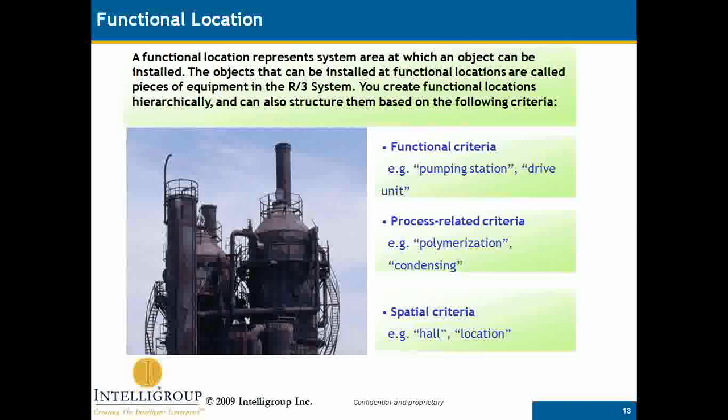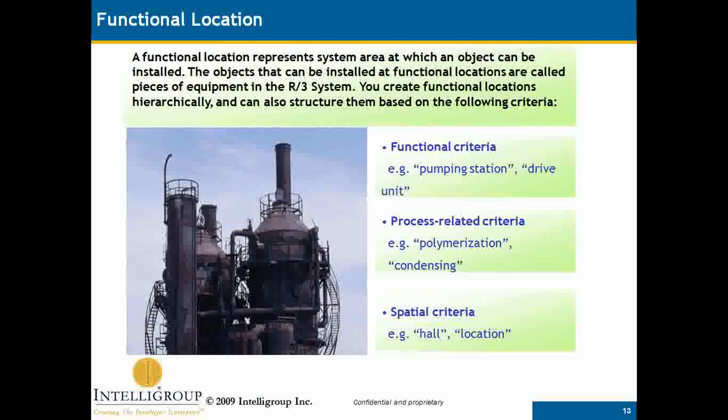Just like we can take an example of how to reach the plant maintenance node in the SAP tree. We click Logistics, then Plant Maintenance, then Maintenance Objects, then we can go for the function location. This is the path to reach the function location node.